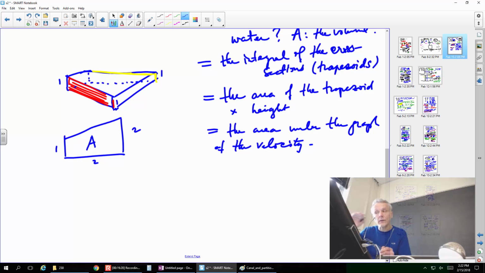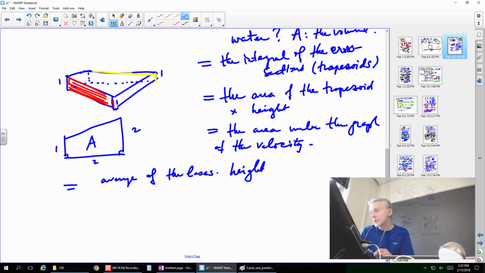That perpendicular part is called the height. So remember how we do it? You take the average of the bases and multiply it. That's right. So the area is the average of the bases times the height. In this particular case, it's (1 plus 2) over 2 times 2, so it's 3.